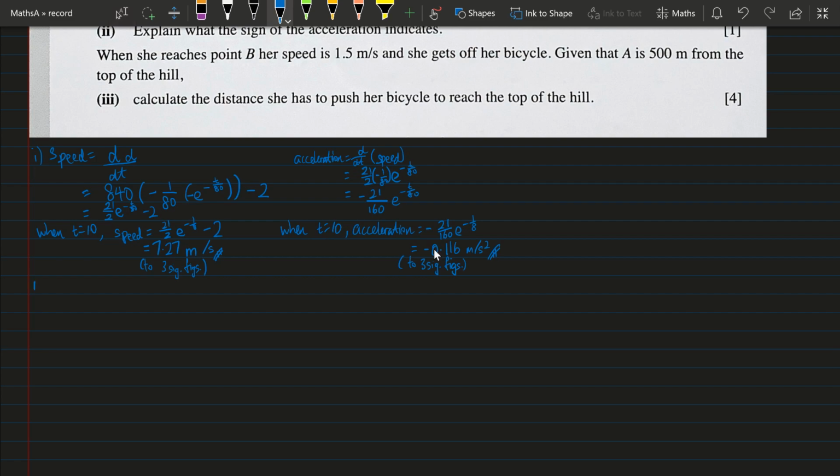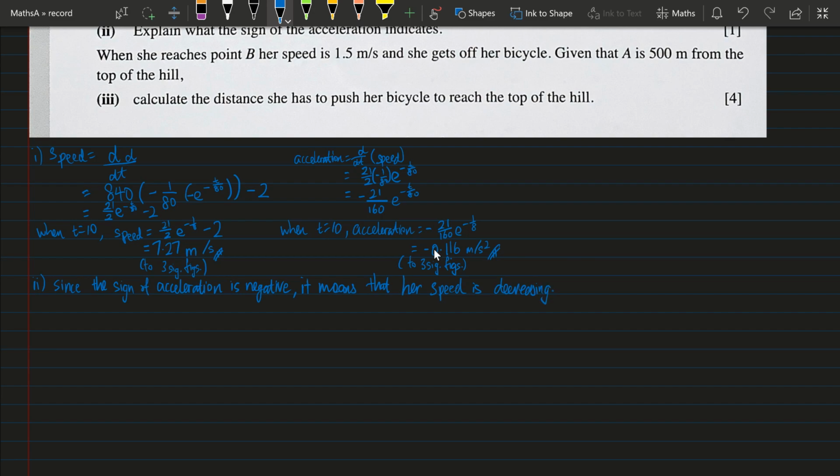So you're going to write down, since the sign of acceleration is negative, it indicates that, or you can say it means that, her speed is decreasing.